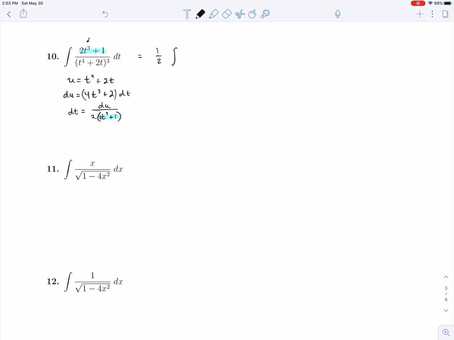And then what we have in our integral is u to the -3 du. Then we integrate. We add 1 to -3, that's -2. We divide by -2. And we have u to the -2 plus c. So this is going to be -1 over 4 times whatever u is, squared.